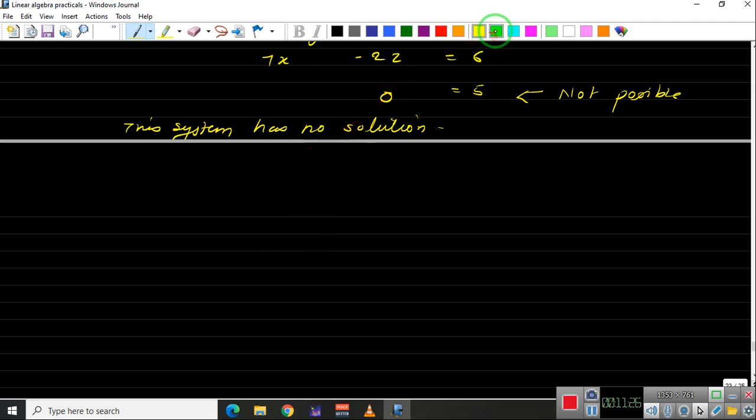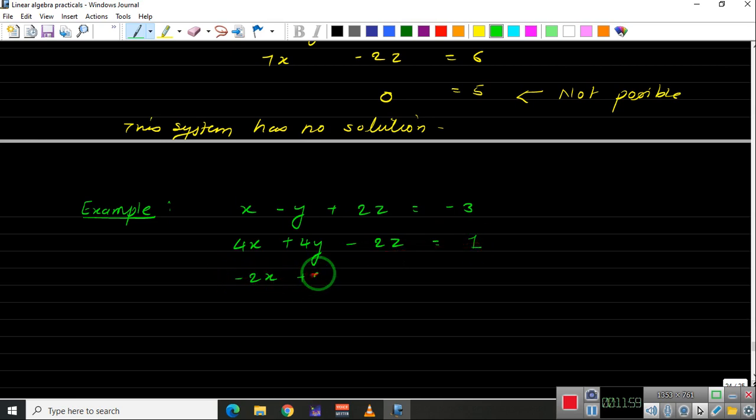Let me write the example, the last one, that will wind up this Gaussian elimination series. x minus y plus 2z equals minus 3, 4x plus 4y minus 2z equals 1, and minus 2x plus 2y minus 4z equals 6.